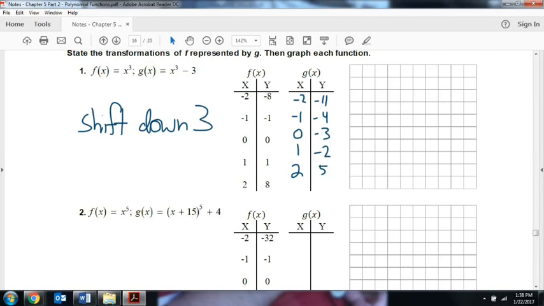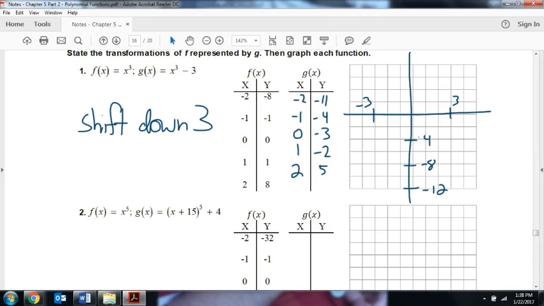So I'm going to do it right here, and I'm going to count by 2's on the up and down. This will be -4, this will be -8, this will be -12.